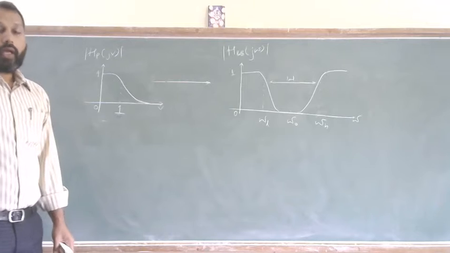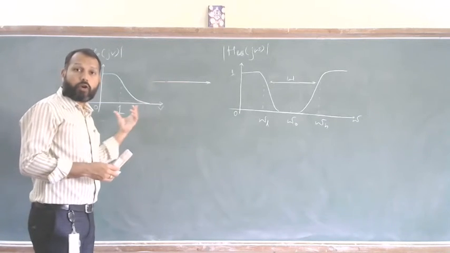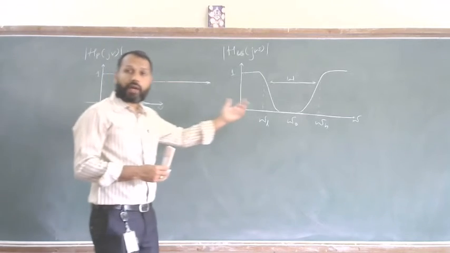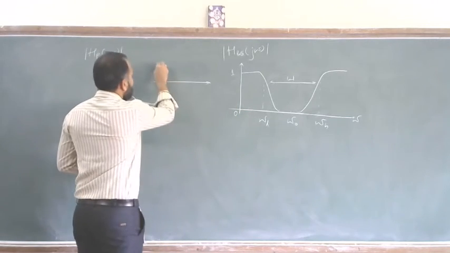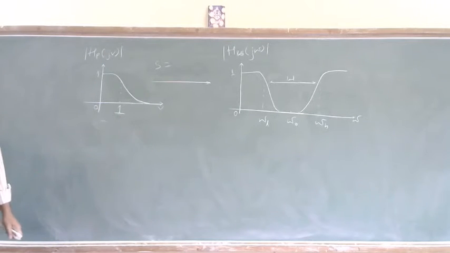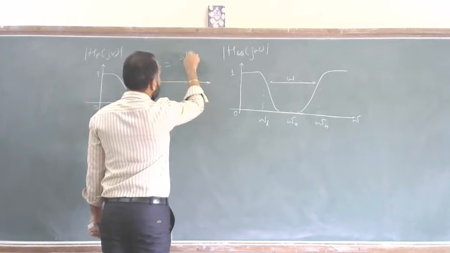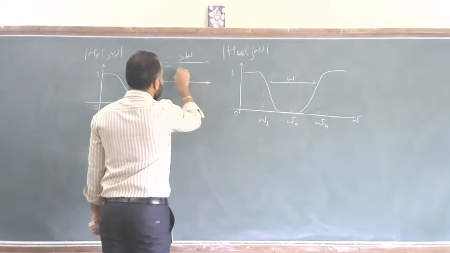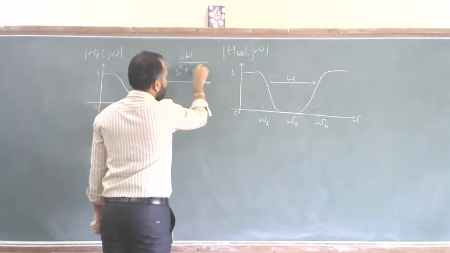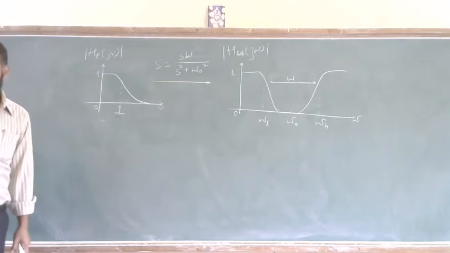To obtain this conversion from low pass prototype into a practical band stop filter, the transformation used in place of S will be S equals the reverse of band pass, SW divided by S square plus omega 0 square.